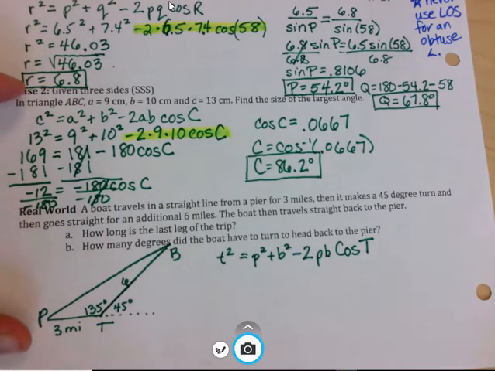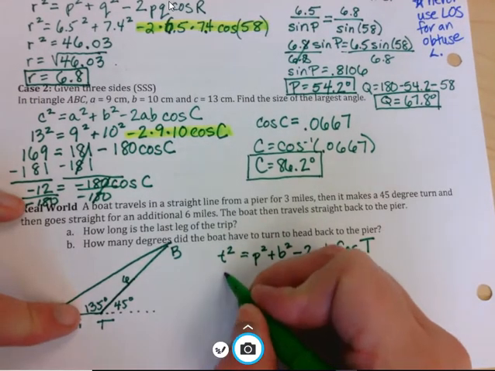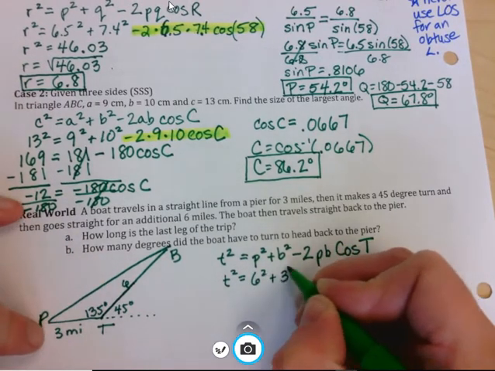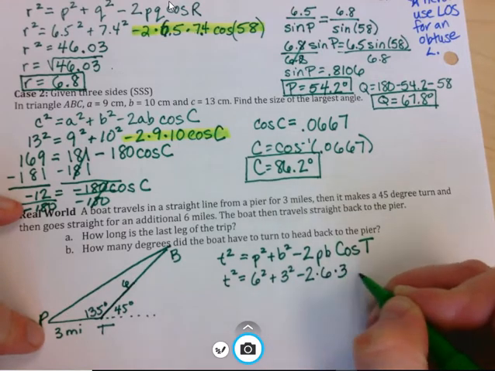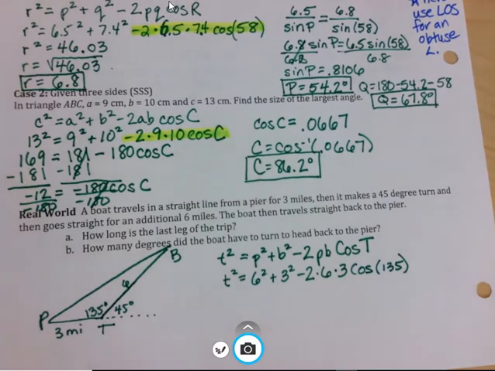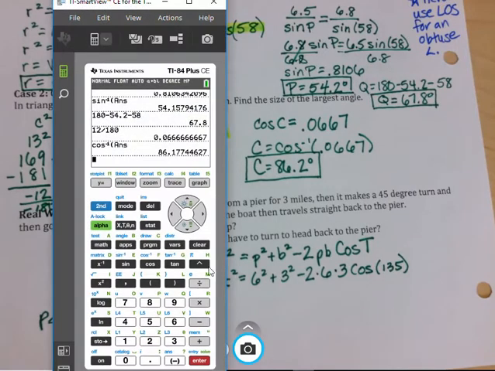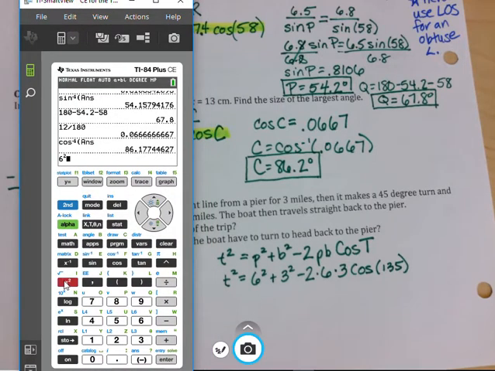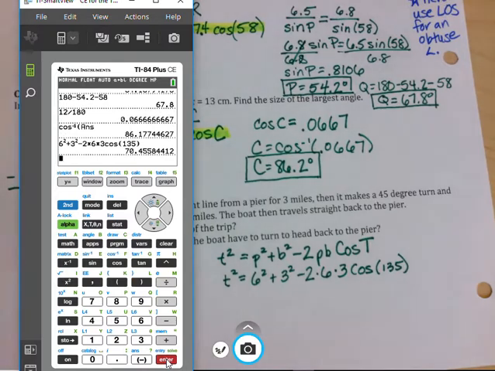Okay, so let's put the numbers in. We don't know T, right? All right, and then let's put that whole thing in the calculator. So I get 70.5.